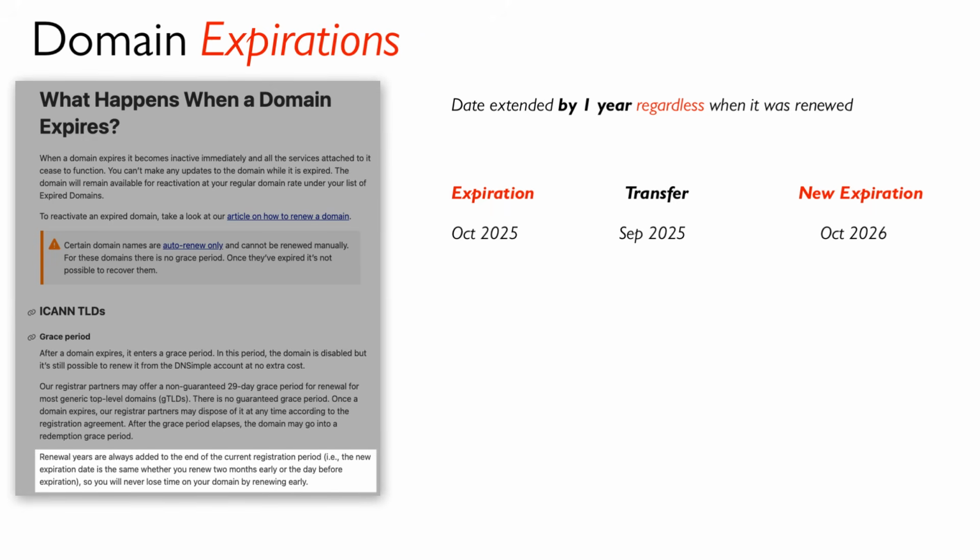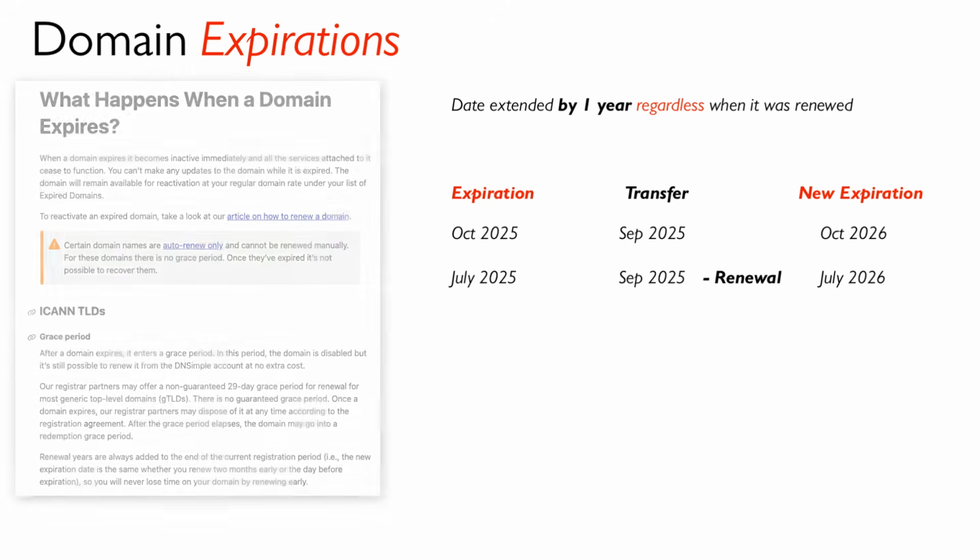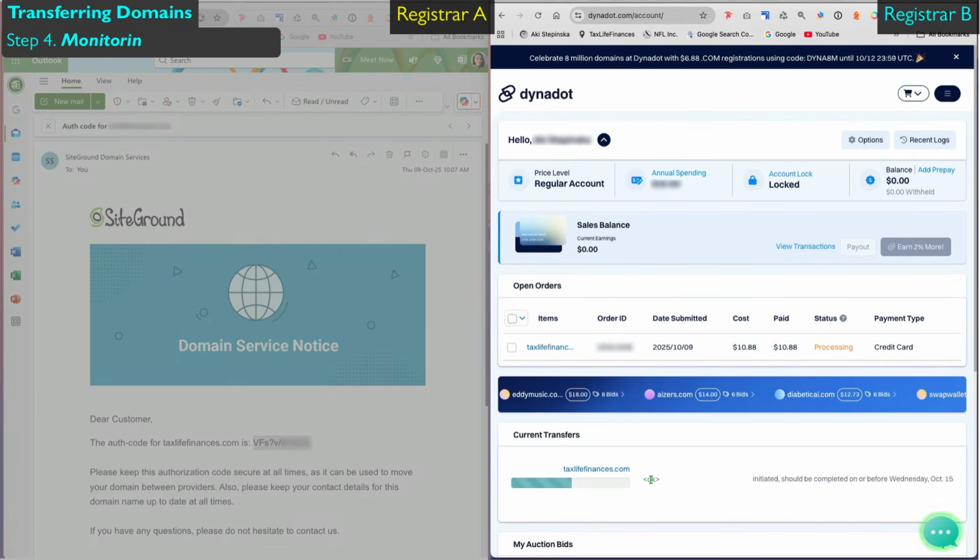The same applies even if your domain has expired. If your domain expired in July and you renew it in September, the new expiration date will be July of next year, not September.